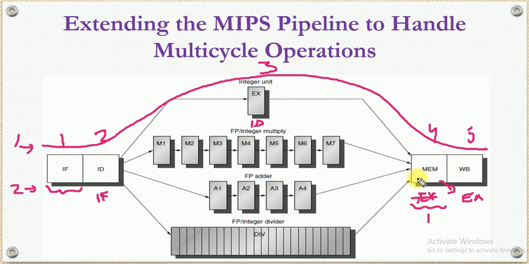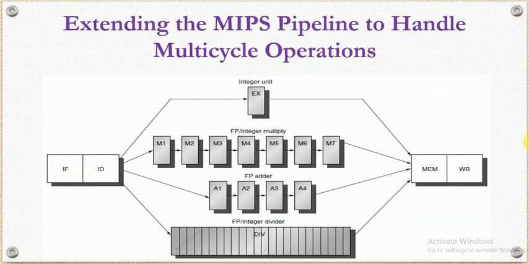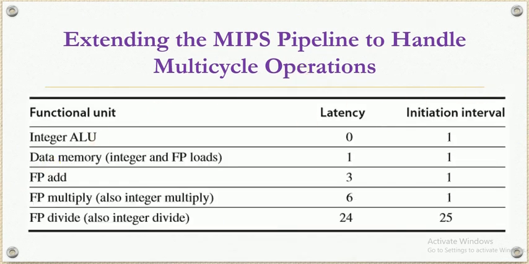After the completion of the load only it can do EX, so EX will be delayed till the 5th clock cycle. So there is a one clock cycle lag here. That one is considered as the latency for the integer load operation. Okay, we will again look at the table for data memory operation. For data memory operation, the latency is 1 and the initiation interval is also 1.